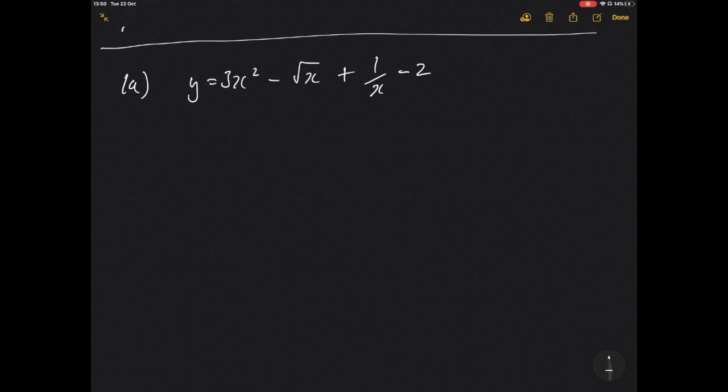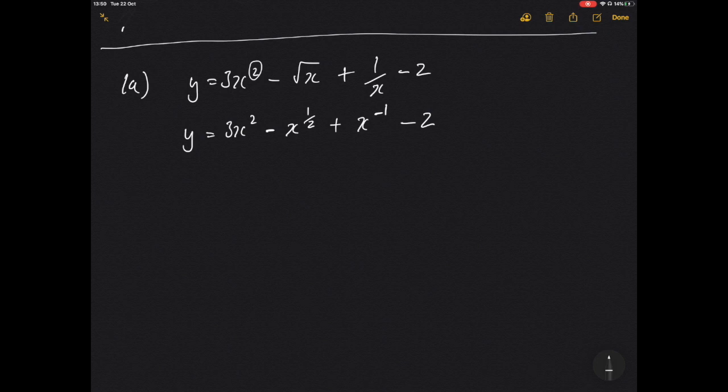Before we do this, let's make this a little bit tidier and put these into index form. So we'd say that y equals 3x squared minus x to the power of a half, which is the same as a square root, plus x to the power of negative 1, minus 2. Okay, so we've tidied this up a little bit.